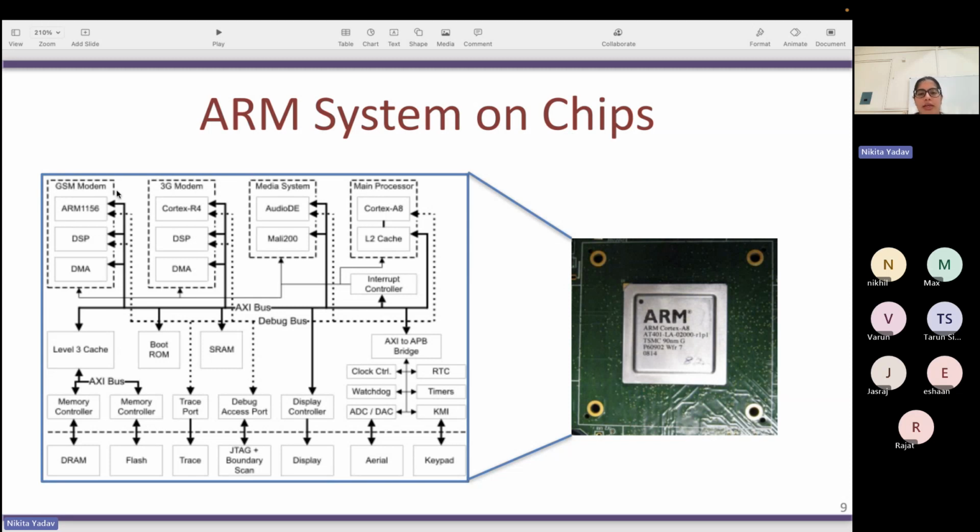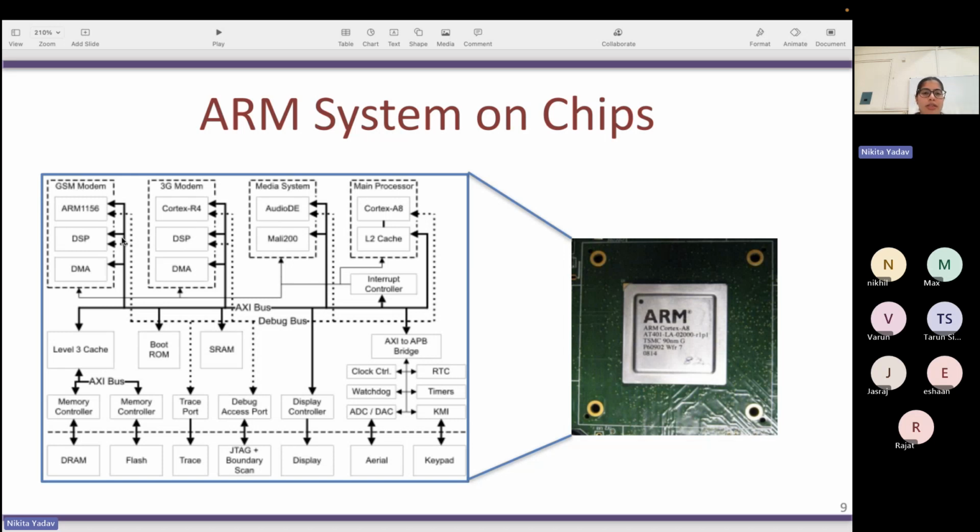In earlier times, these different components used to be separate chips, and then they would be connected with each other. But that design would lead to a larger setup.